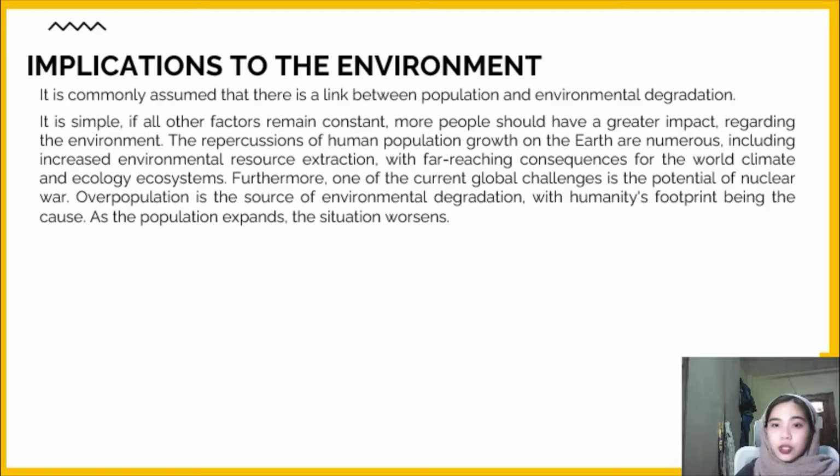Furthermore, one of the current global challenges is the potential of nuclear war. Overpopulation is the source of environmental degradation, with humanity's footprint being the cause as the population expands and the situation worsens. Yes, of course, because as the population grows, we need more resources. Therefore, we find these resources, we increase the carbon footprint, and so on.